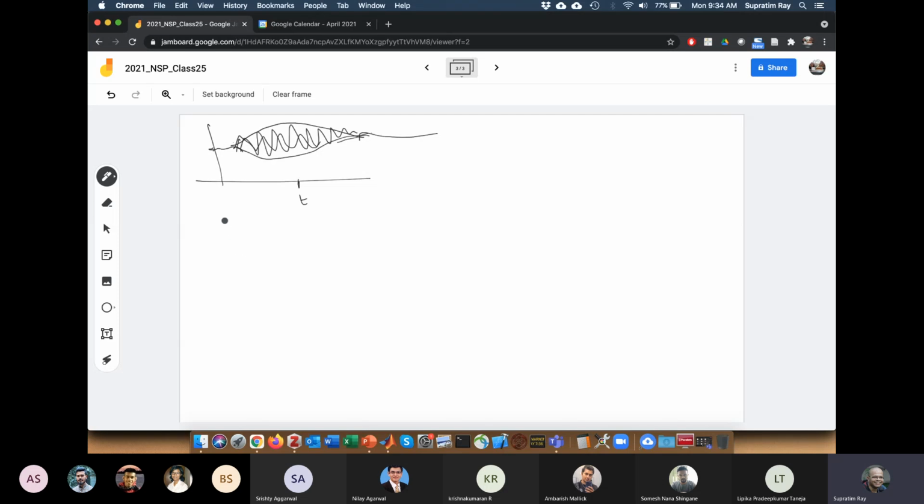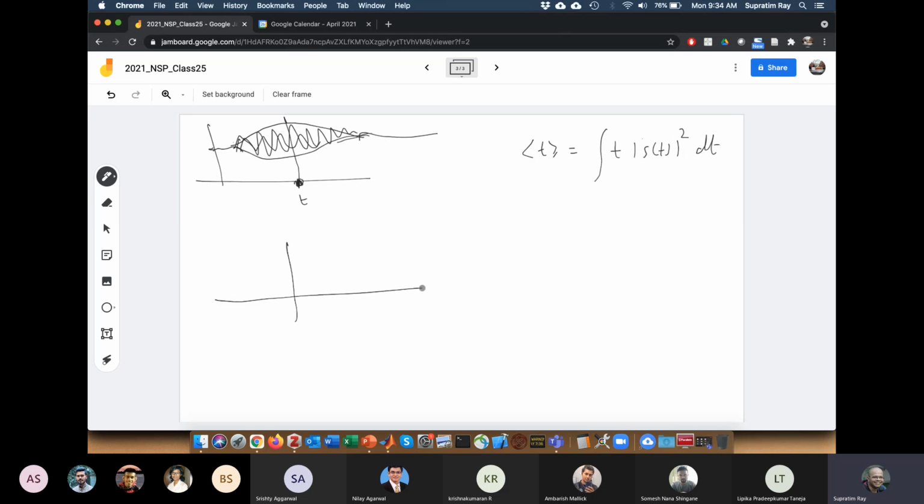When I want to compute the mean time, which is what I told you earlier, you do this by integrating like so. When I do this, the mean time is actually going to be this value here, where it's peaking, because that's where this energy density is peaking.